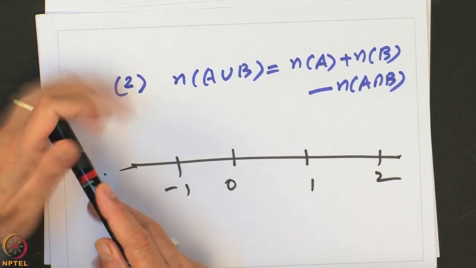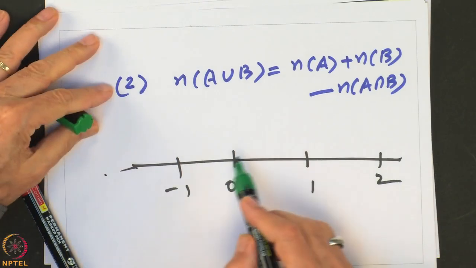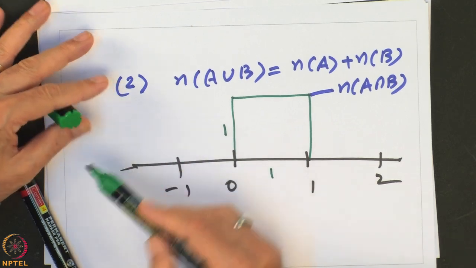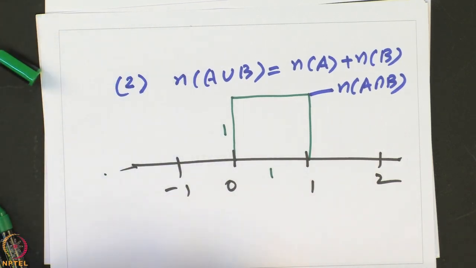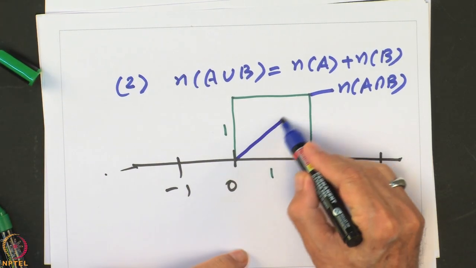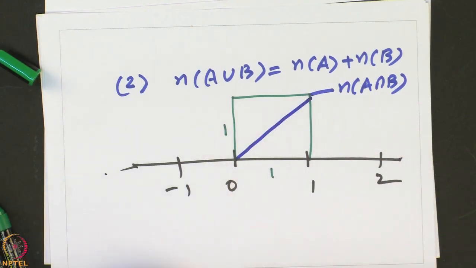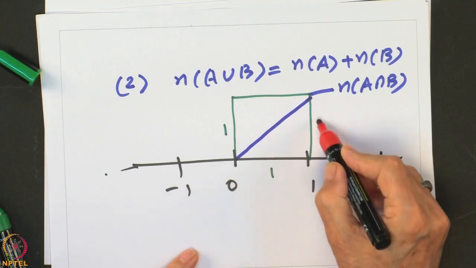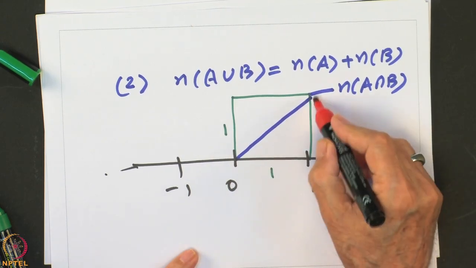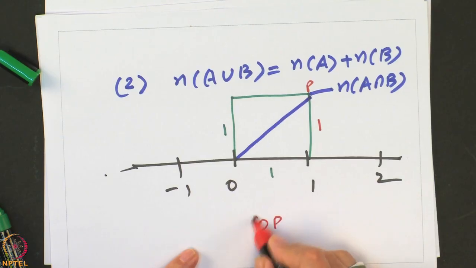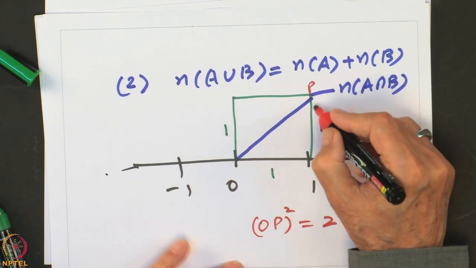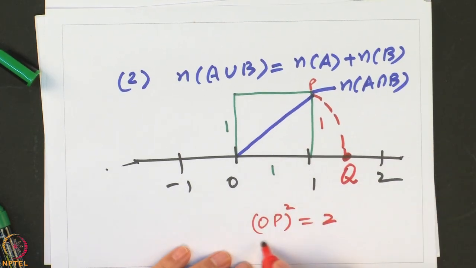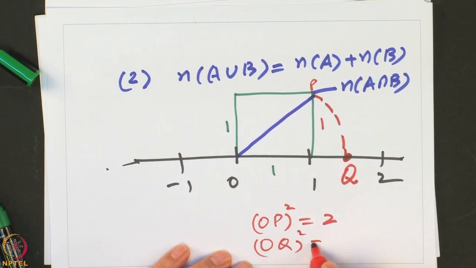So, if you draw a square of unit length, this is 1, this is 1, and if you take this diagonal, the length of the diagonal will be equal to... by Pythagoras theorem, this is 1, this is 1, so OP squared will be equal to 2. So, if I draw this, you will get a point here, Q, such that OQ squared is equal to 2.